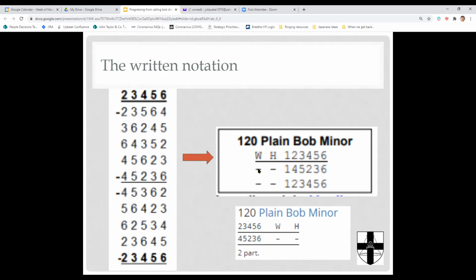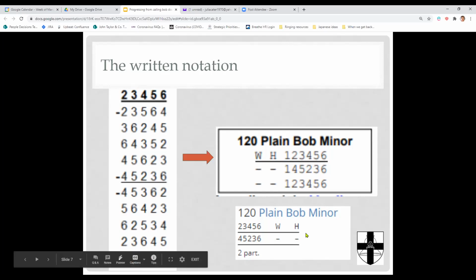So you'd have a bob in the first lead, then you'd wait a whole course, and then the next time you get to the wrong position, you'd put a bob in and then a home, if for example that first home wasn't there. So that's how it's notated, and that's what on earth it means.